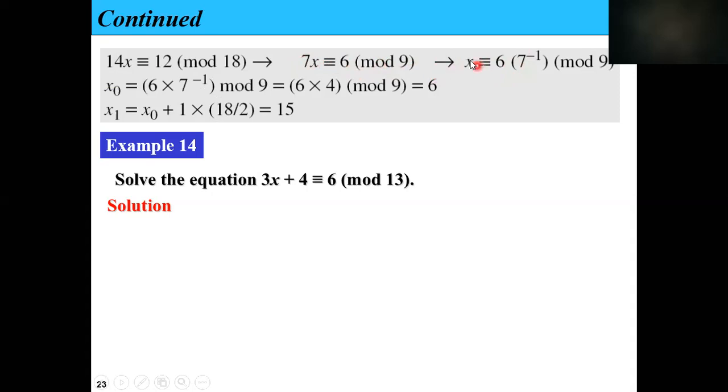If we apply the inverse of 7 to both sides, we get x, and the inverse will be applied on the other side. The inverse of 7 under mod 9 is 4.